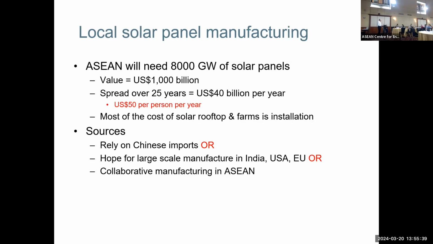So when you divide that by 25 years, because that money is spread over the period between now and 2050 or 2060, and then divide that by 800 million people, it turns out to be $50 US per person per year to buy the solar panels. So being in the solar panel manufacturing business will not be a large money spinner because the price is so low and keeps falling.